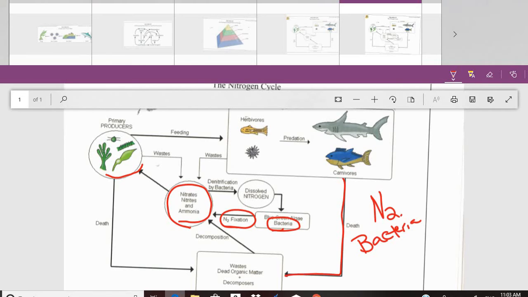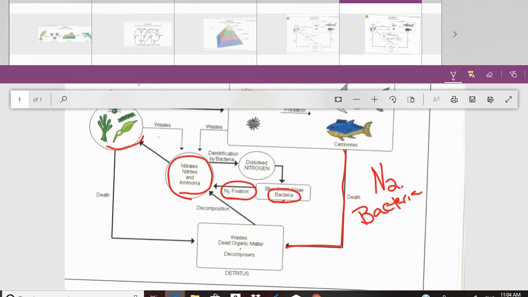And when they do that, bacteria and other decomposers decompose it, and you can end up back with nitrogen gas, or you can end up back with nitrates, nitrites, and ammonia, so that everything gets recycled.